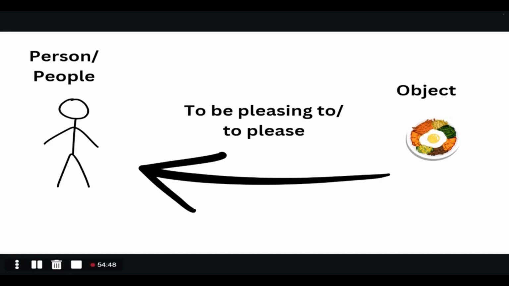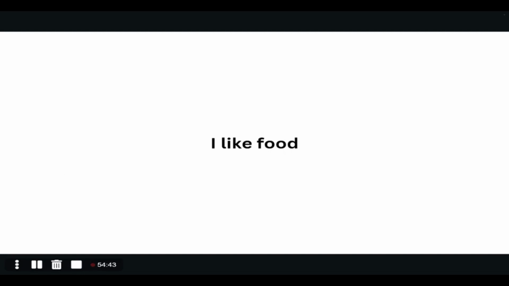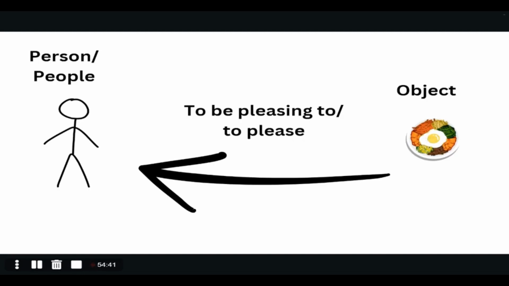And it might seem very weird because, of course, when I say I like food, that makes sense. I'm the one who likes food. In Spanish, the food is the thing that is pleasing to us. The food is pleasing to us. And so when I think of a sentence that I want to word with gustar, I think that thing that is pleasing is the food and it's acting upon me.